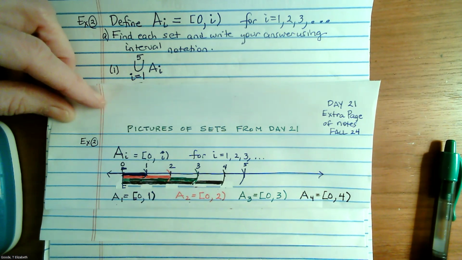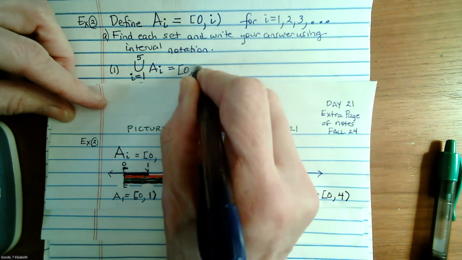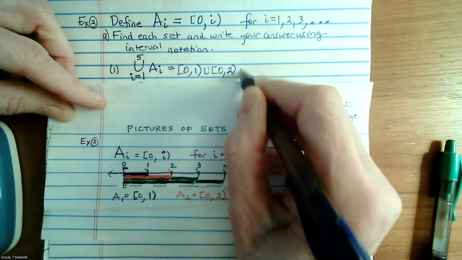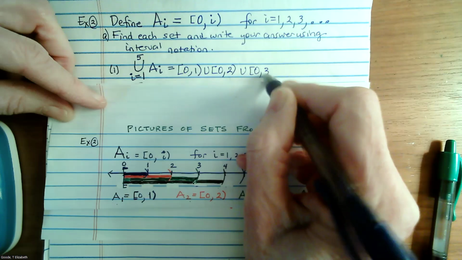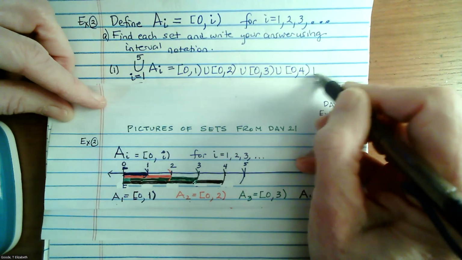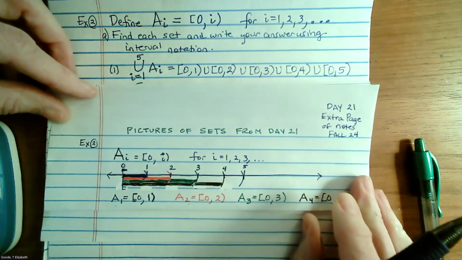So literally this is 0, 1, soft bracket union, 0 to 2, soft bracket union, 0 to 3, soft bracket union, 0 to 4, soft bracket union, 0 to 5, soft bracket. So what is that union?